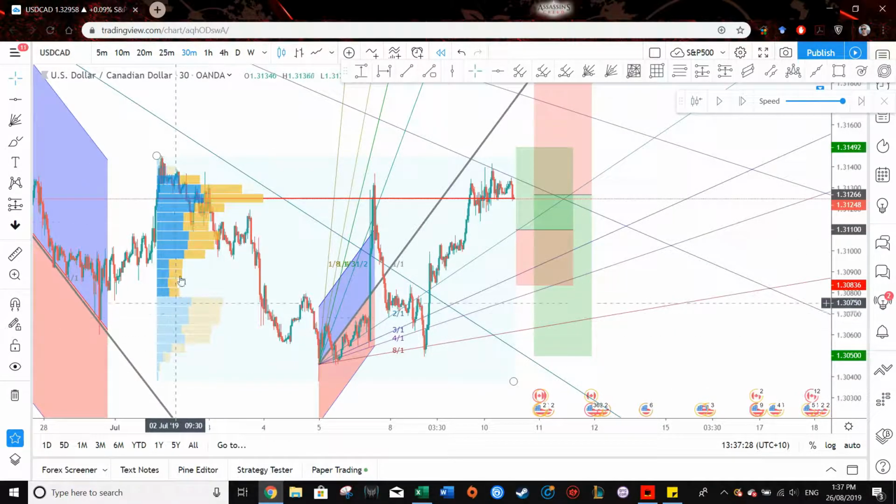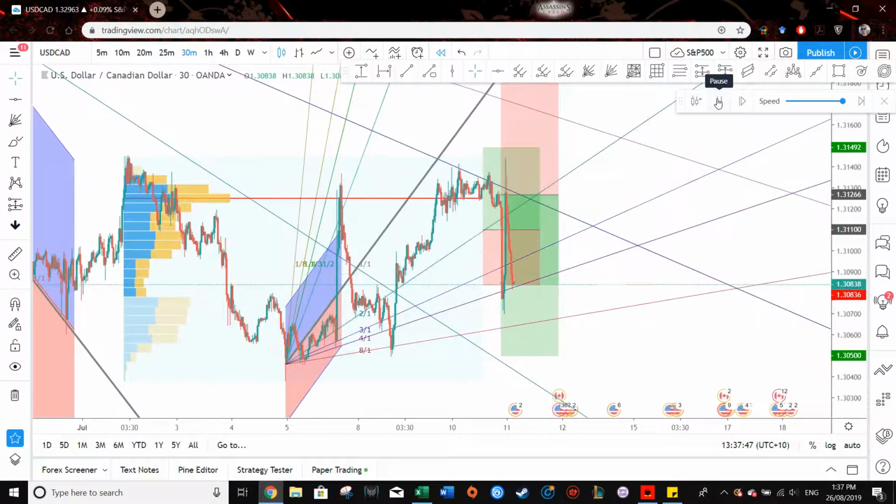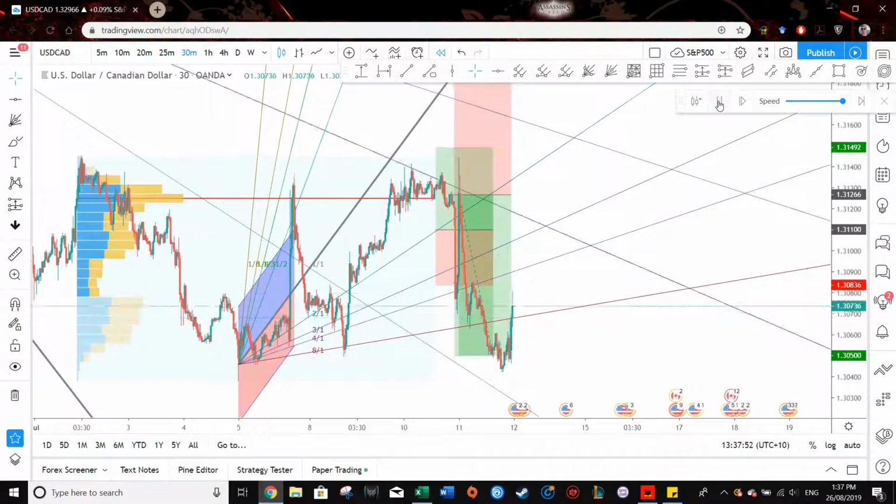There's more bars on this side than there is on that side, so more people are selling. Does anyone else have anything they want to see? Okay, let's just press play and see what happens.